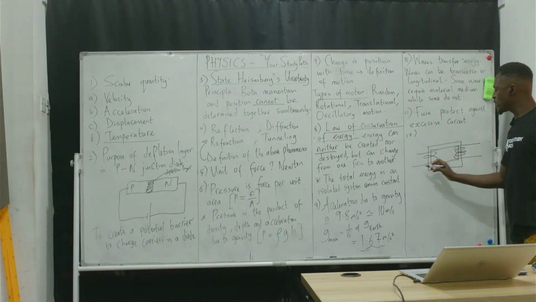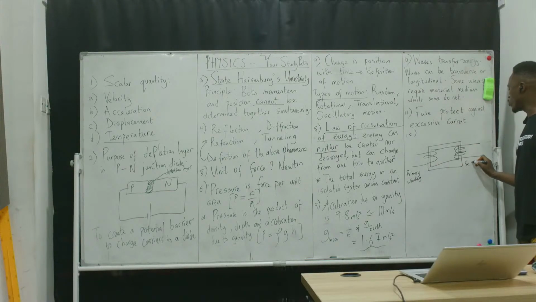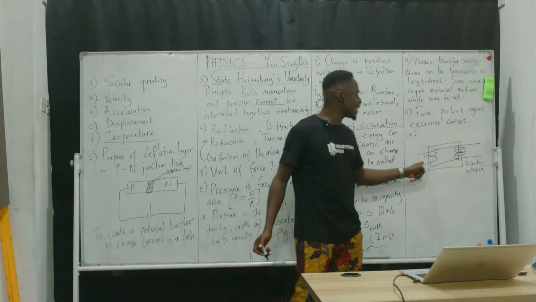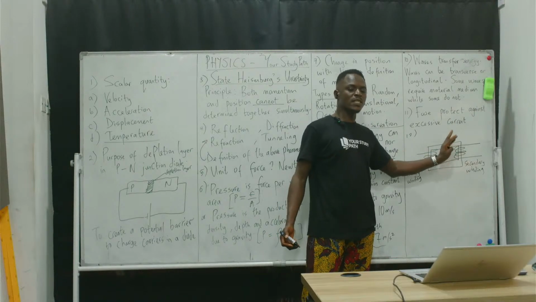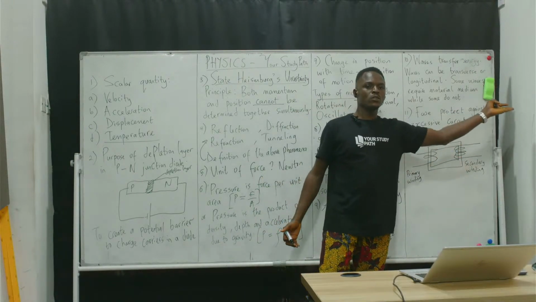Once you're having that, this end is called the primary winding. This part is called the secondary winding. When the primary side is less than the secondary side, you say this is a step-up transformer. From the primary, you are increasing to the output side.